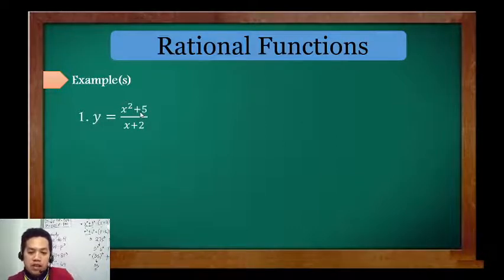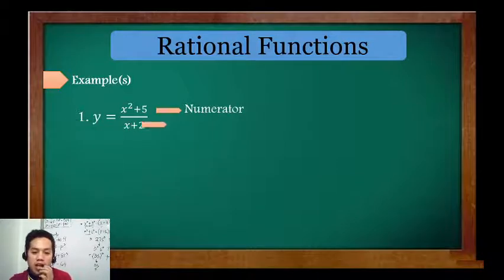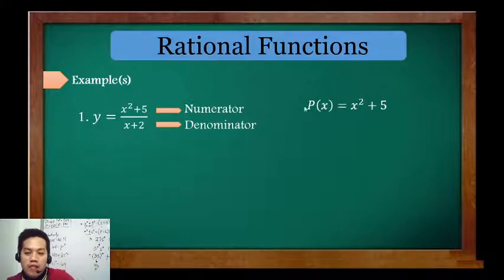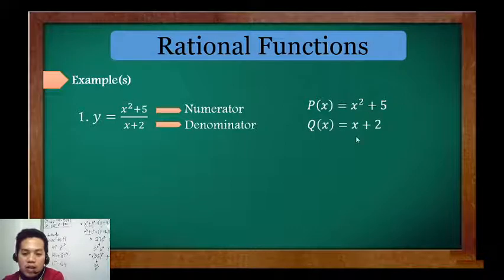Based on this, x squared plus 5 is our numerator, and x plus 2 is our denominator. So our p of x is x squared plus 5, and our q of x is x plus 2.